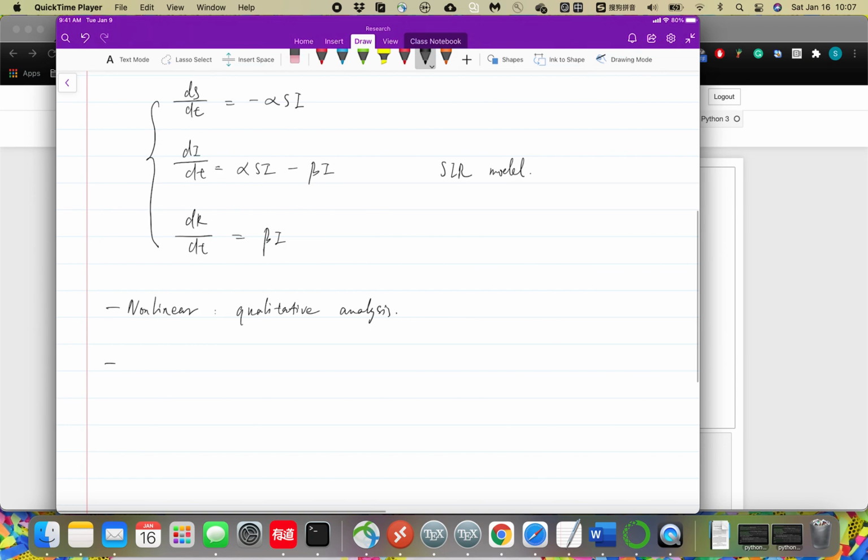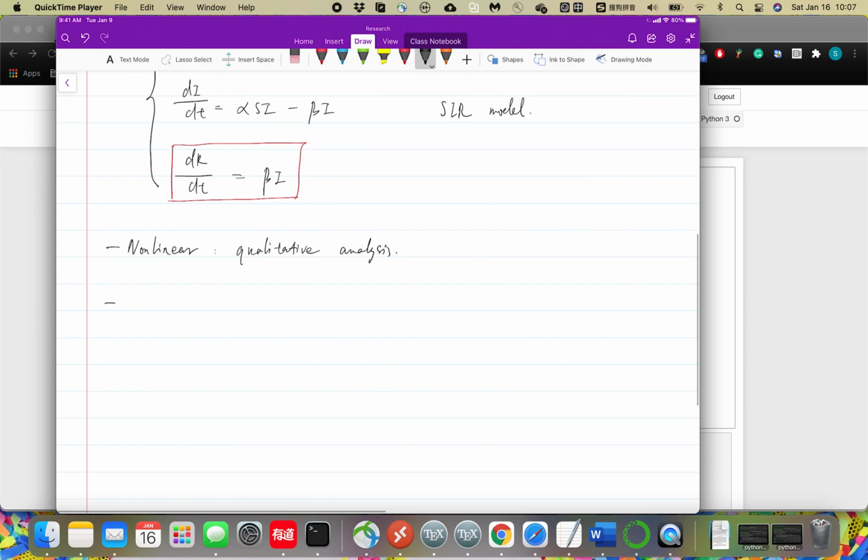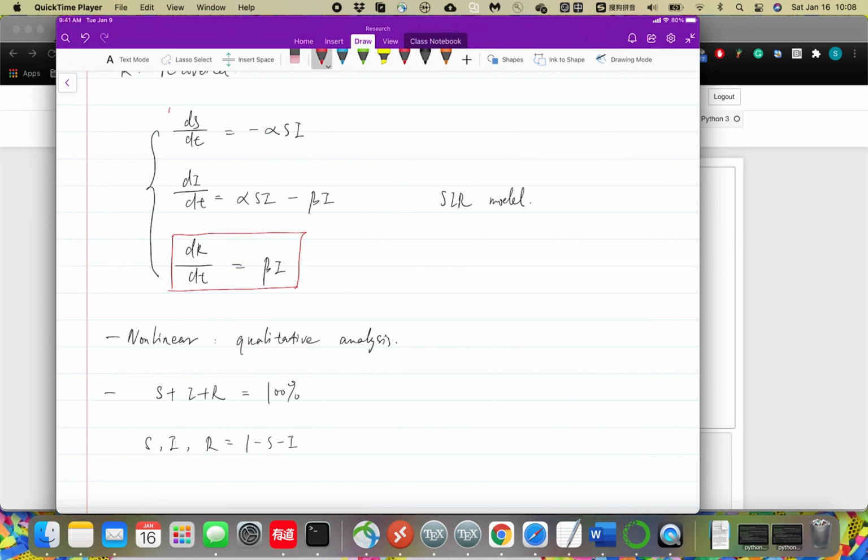The good news is, if you take a look at this, number 1, this one stands alone. It doesn't interact with other species that much. Second, if we just think about the percentage, we do have S plus I plus R equals 100%. That means if we could model S and I, we can get R from 1 minus S minus I. Then if we just focus on the first 2, you can see there's no R here.